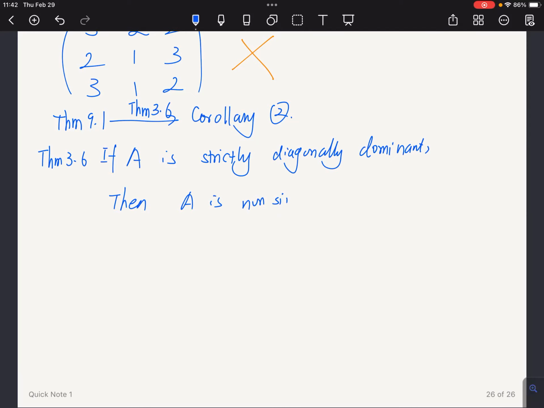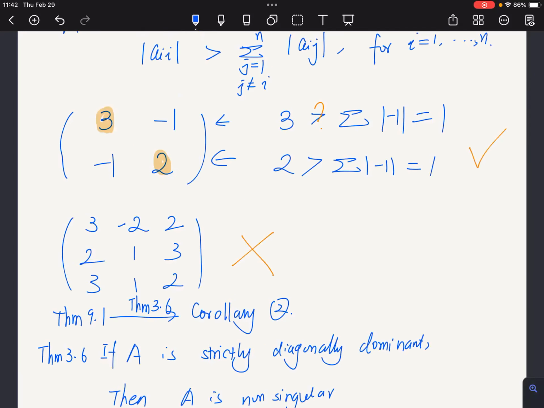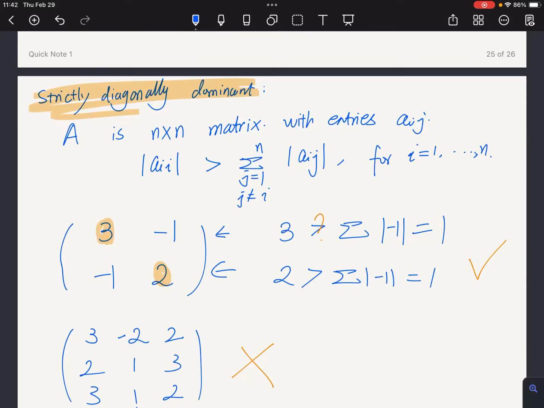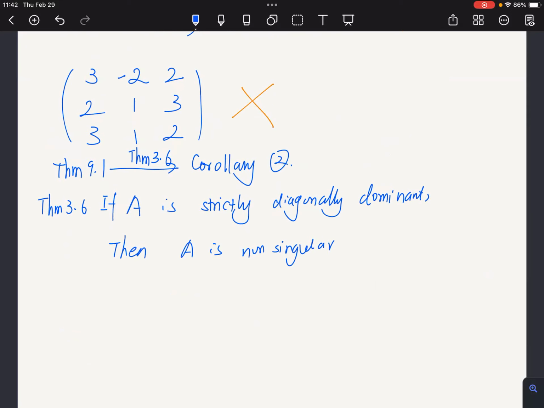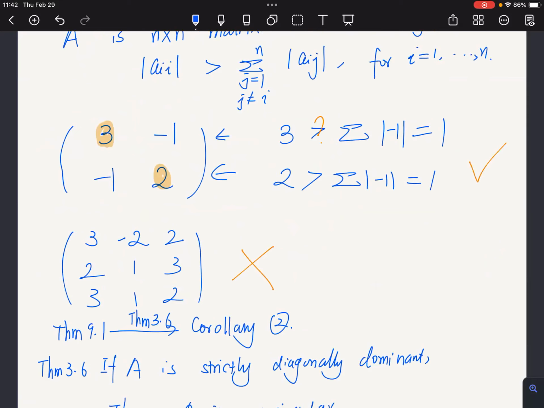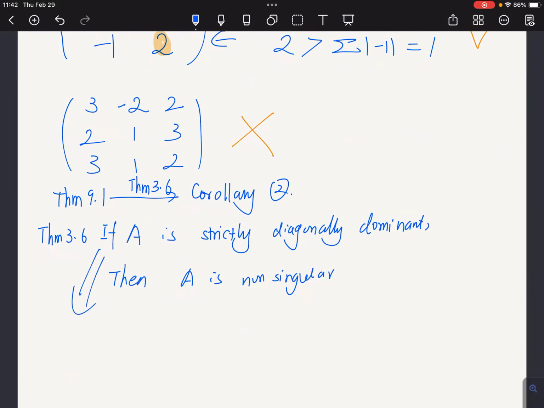Because if you take a look at the structure of A, and A is strictly diagonally dominant, it also implies that each A_k, the leading principal submatrix, is also strictly diagonally dominant, right?